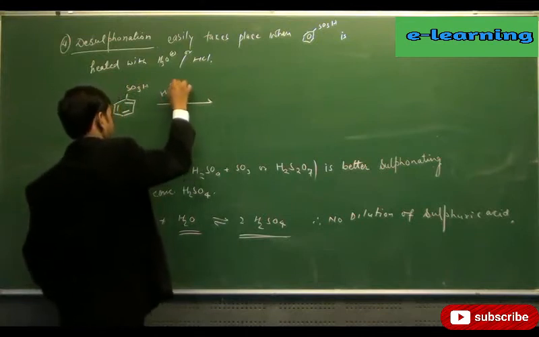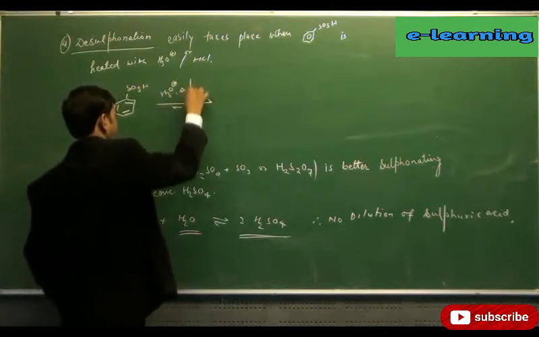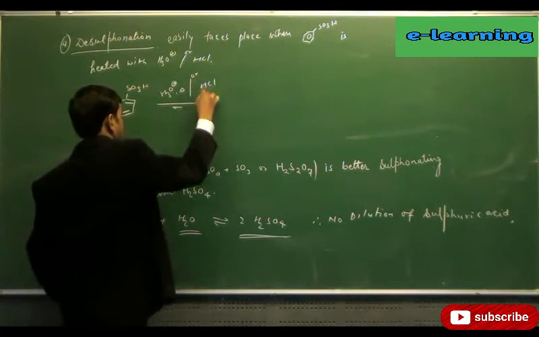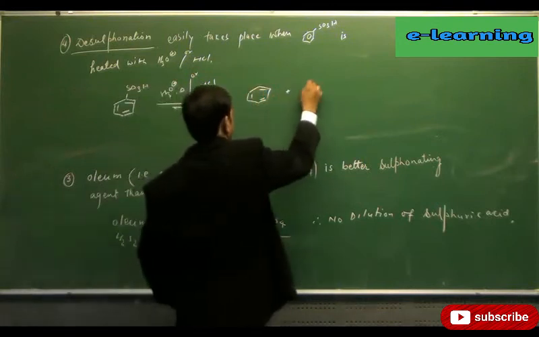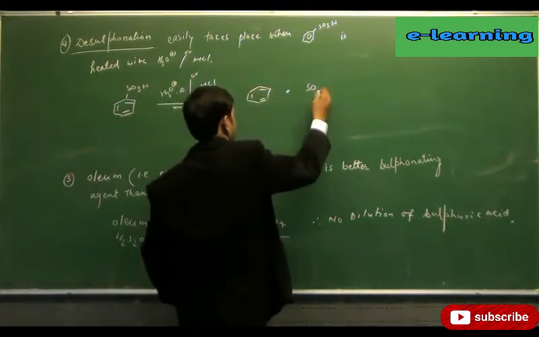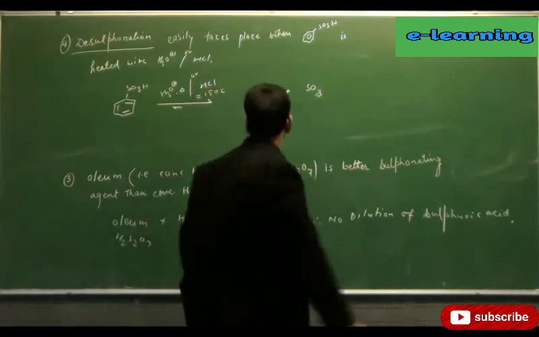If it is H3O plus on heating, or HCl at approximately 150 degrees centigrade temperature, it gives benzene plus SO3. This is called desulfonation.